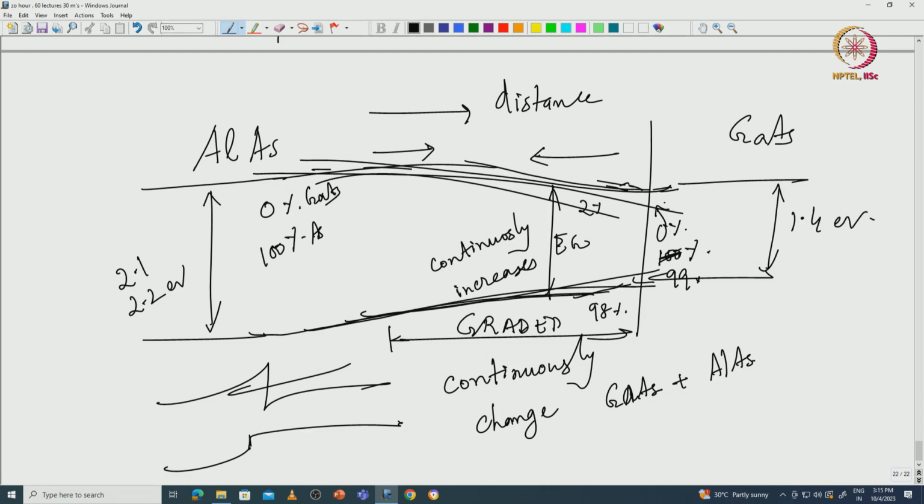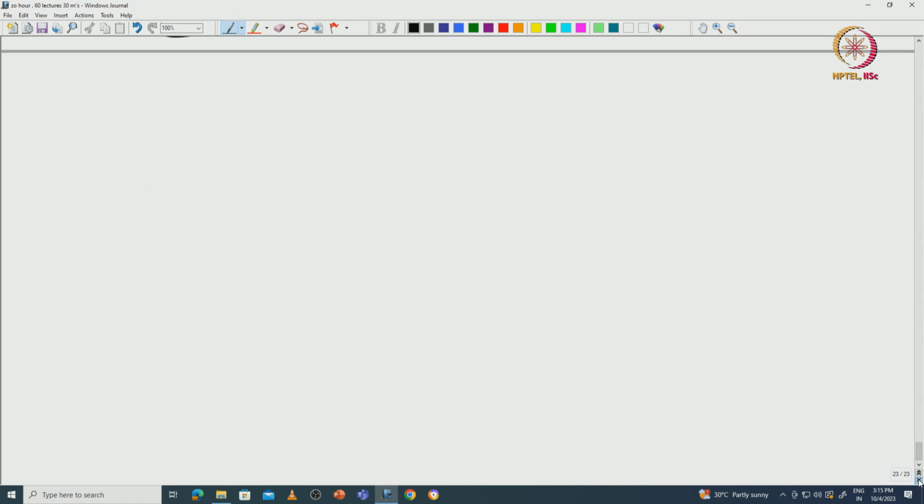The band gap is continuously changing, and this can be done by MBE or MOCVD, where you can change one atomic layer at a time. So you can choose to incorporate more aluminum arsenide layer by layer. In one layer I give aluminum arsenide 10%, the next time 11%, 12%, etc. I can keep changing so that over a certain distance the band gap continuously changes. So it will look something like that.